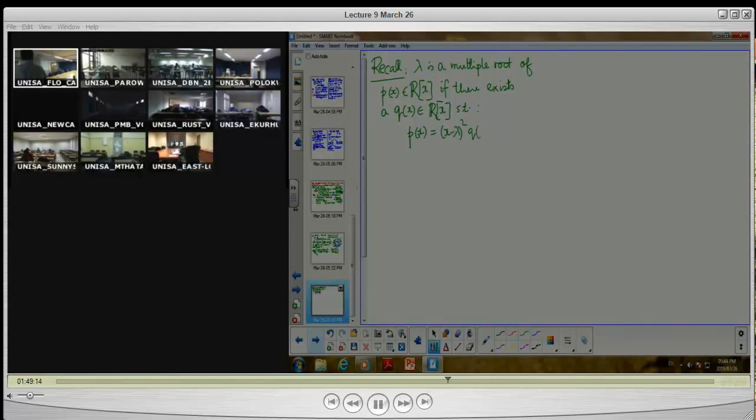Okay, we also say this alternatively. Now suppose I give you a multiple root.